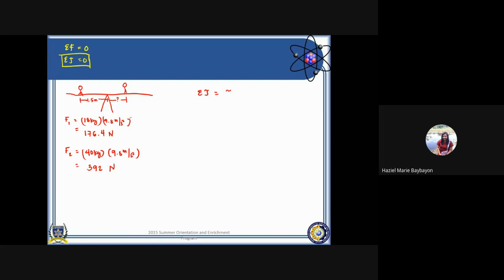Both of these exert a downward force. The child's force will cause a counterclockwise motion of the seesaw. For the mother, the force is downward, so that is clockwise, like the motion of a clock.